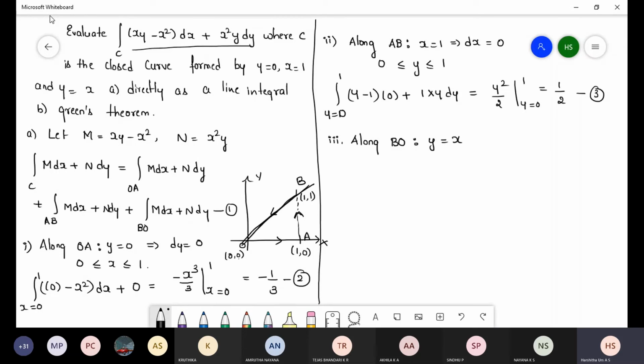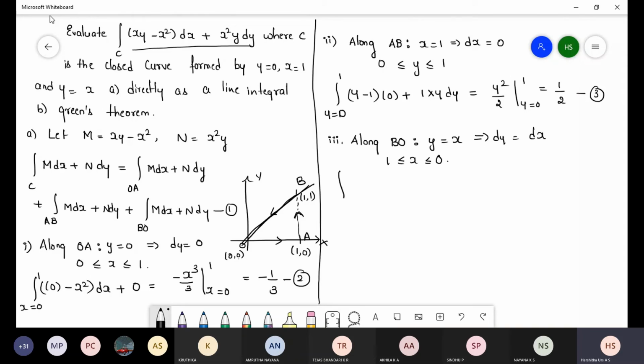That's why we are not finding any common points here. So here also dy is equal to dx. As we are writing the whole term in the form of x, we have to write the values of x.